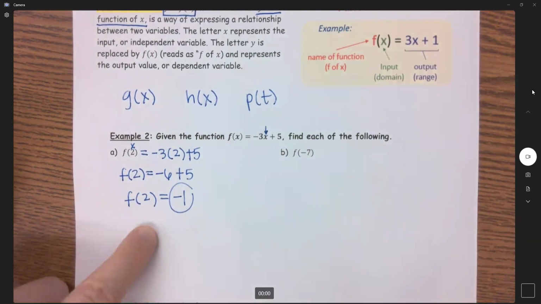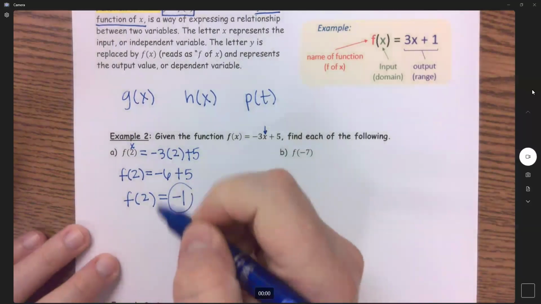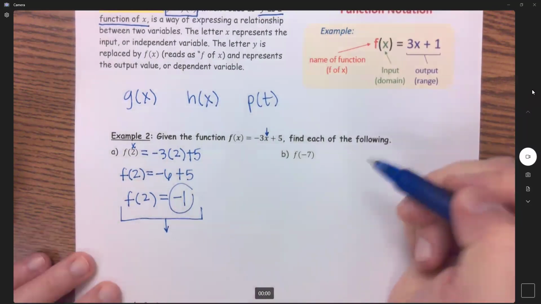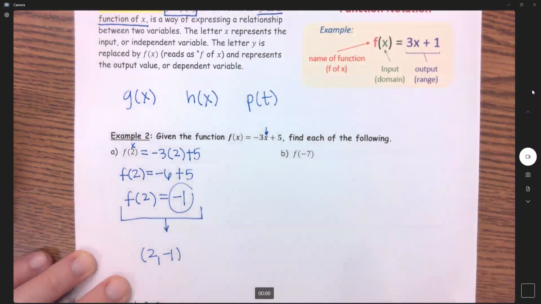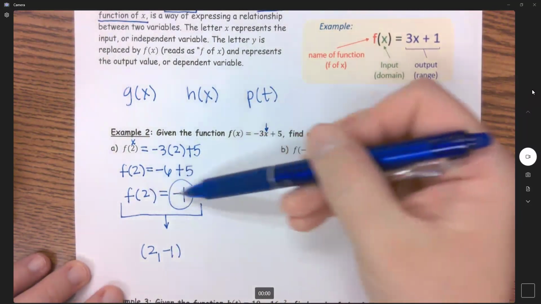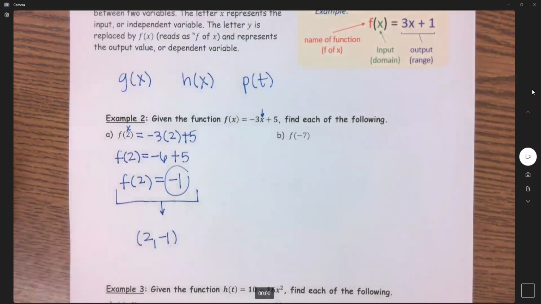Now, I want you to understand that this represents an ordered pair: 2 comma negative 1. This is my x value, and what f of x equals, this negative 1, is my y value.